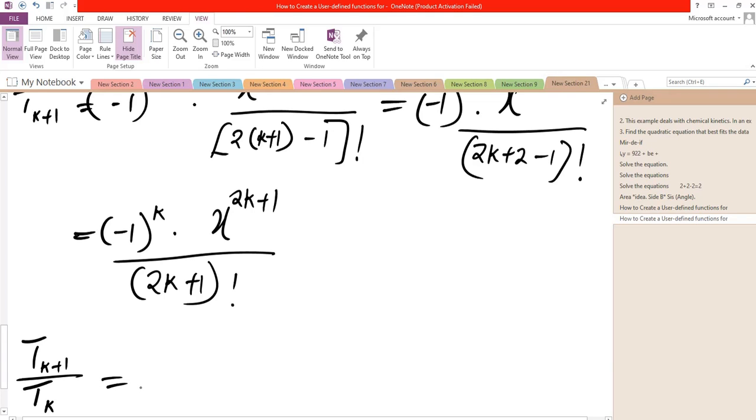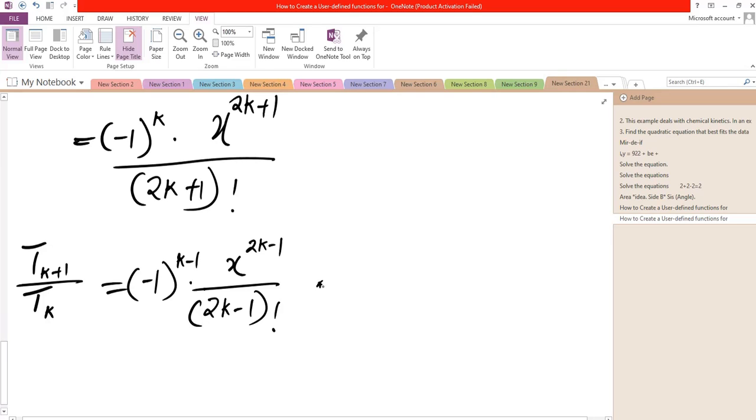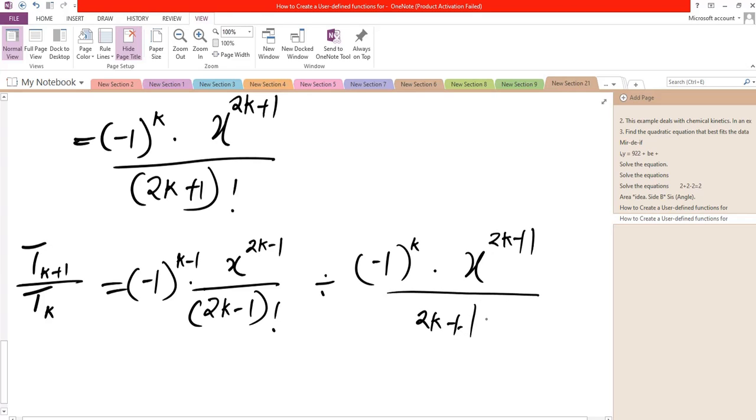This will give us -1 raised to power k minus 1 times x raised to power 2k minus 1 all over 2k minus 1 factorial, divided by minus 1 raised to power k times x raised to power 2k plus 1 all over 2k plus 1 factorial.